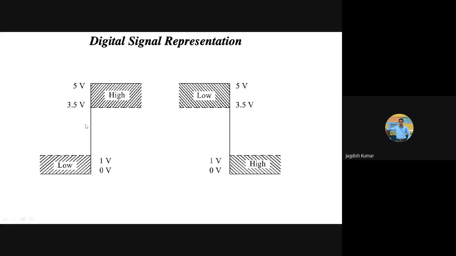So if the voltage is low and we say it is binary 0, and if voltage is high, we say it is binary 1, this kind of logic is called positive logic. But we may do it the other way around as well. I mean, if the voltage is high, say up to 5 volt, we may say it is low or binary zero, and if it is zero or low, then we may say it is binary one.